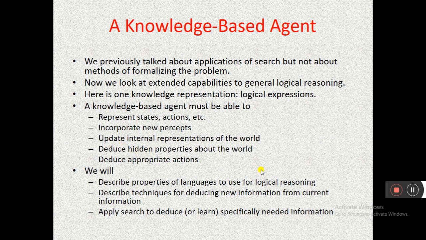It must deduce hidden properties about the world and deduce appropriate actions. First, we will describe properties of languages to use for logical reasoning. Second, we will describe techniques for deducing new information from current information. And third, we will apply search to deduce specifically needed information.